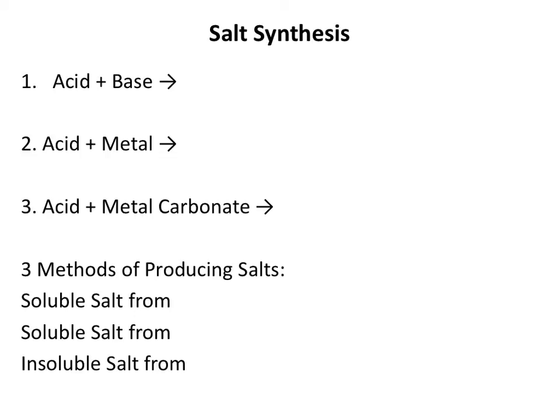Before we look at different methods of making a salt, I think it's important we define what a salt actually is. Now, a salt is made usually from acids. So you can see here we're looking at three different reactions of acids: hydrochloric acid, sulfuric acid, and nitric acid.